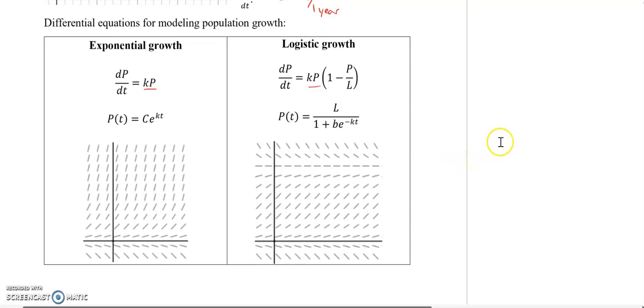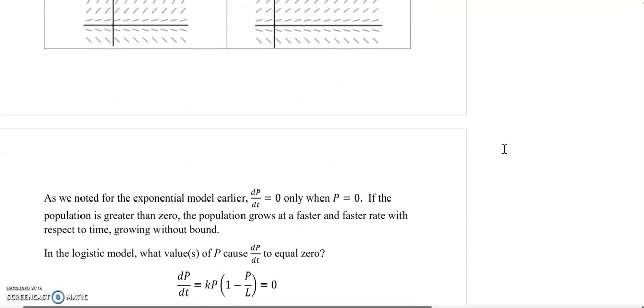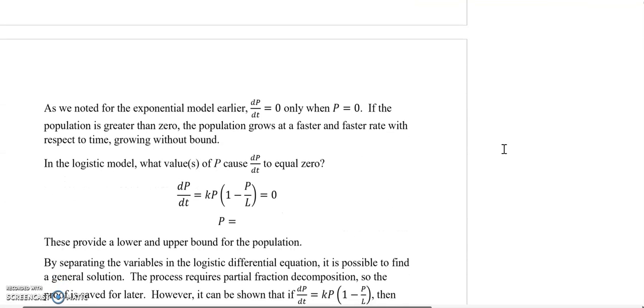Okay, so let's talk a little bit more about the differential equation itself and why it provides that logistic growth shape. Okay, so back in the days when we were looking at exponential growth, remember that was dP/dt is directly proportional to the population.